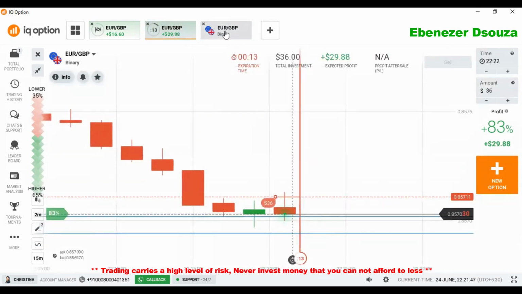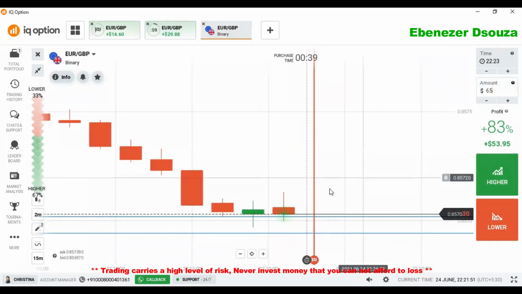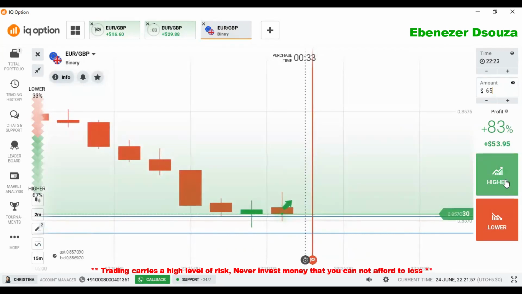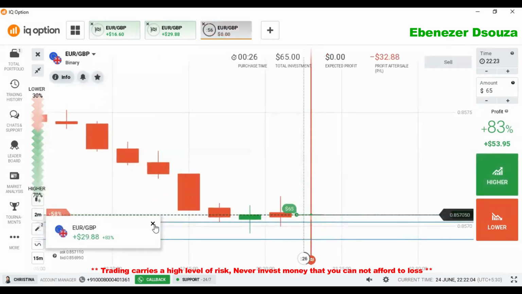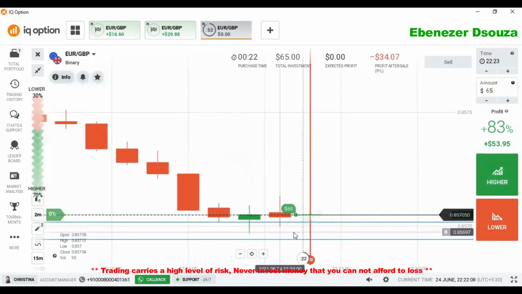Okay, sellers entered now because of this candle, so it made a new high, and now we can go with buyers confidently. So I placed a higher option trade because already we are seeing buyers' entry from the buyer zone.